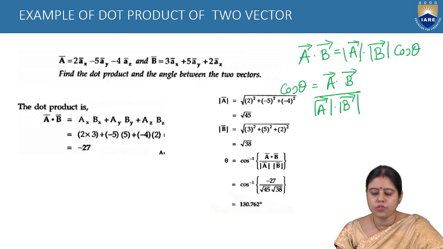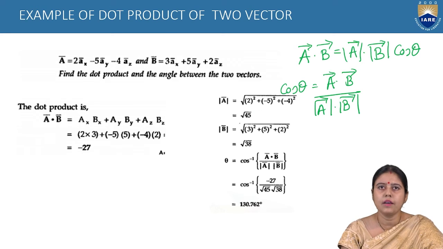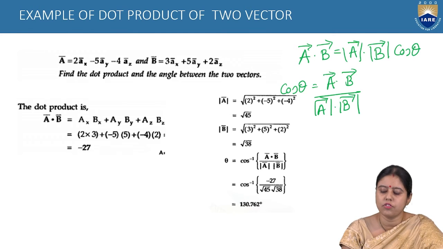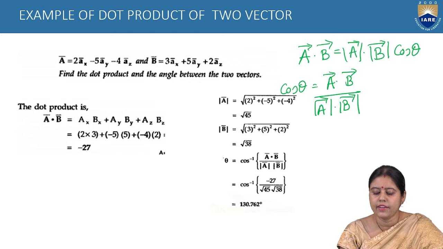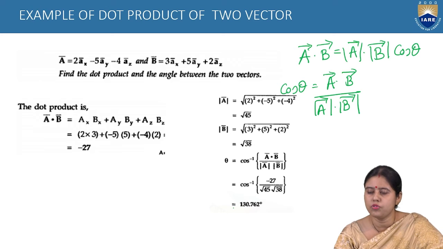Root of 2 square plus 5 square plus 4 square, and it is coming root 45. What is B? 3 square plus 5 square plus 2 square, magnitude of x square plus y square plus z square, root 38. And we got the value of theta as 130.762.